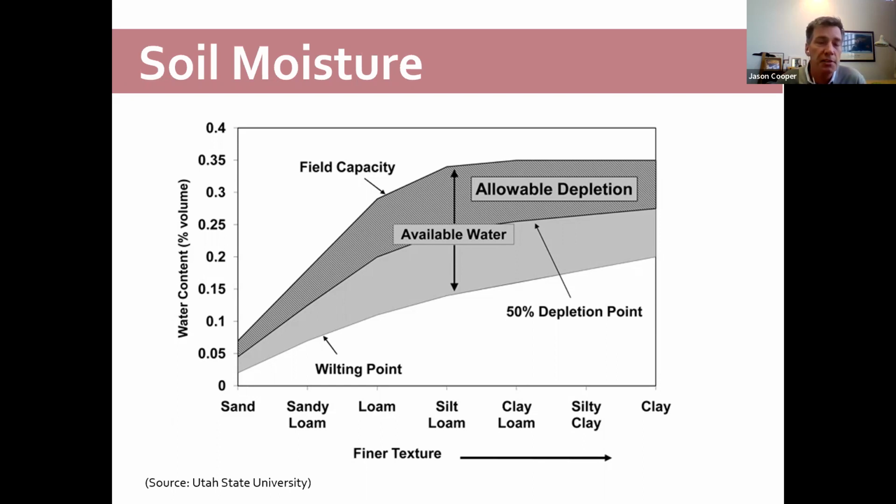The line on the top is field capacity. That's after the soil has been fully drained from a rain event, how much water is generally left in that soil. And the space in between it for the different soils is the water in the soil that's available for the plants to use. And based on that, you can see the generally best soil for most plants is like a silty loam.